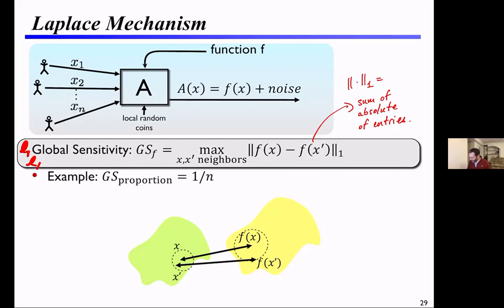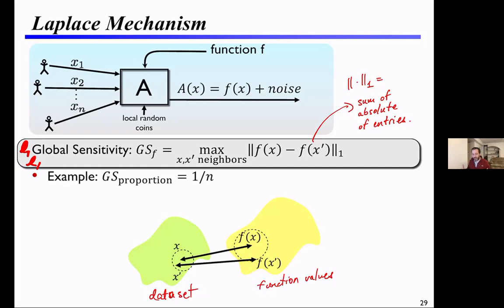We can think of this global sensitivity as some measure of how much the function f smooshes or spreads apart data sets, how it converts distance in data set space. The green blob here is data set land, and it converts that distance between data sets into the natural distance between vector values of the function, which is the L1 norm.